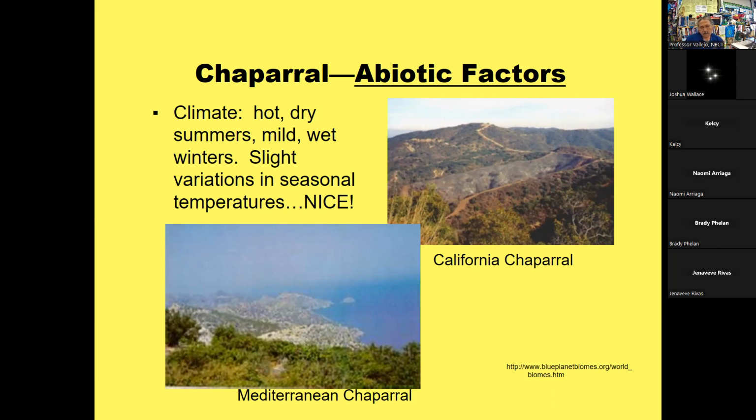At one of my colleges, we have a field work class where you go out and experience the chaparral itself. I know at one of the local universities, Cal State Northridge, there's a class on chaparrals, so we study that here in California. Climate: hot, dry summers, mild, wet winters. You see slight variations in seasonal temperatures. As I said, it's a favorable place to live as far as weather goes.